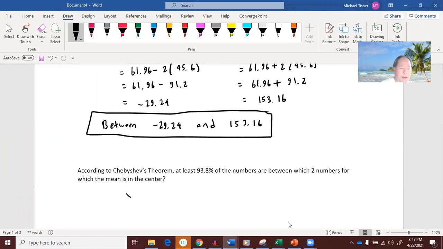All right, doing so. Let's see, x bar was 61.96 minus 4 times s. S is going to be 45.6.